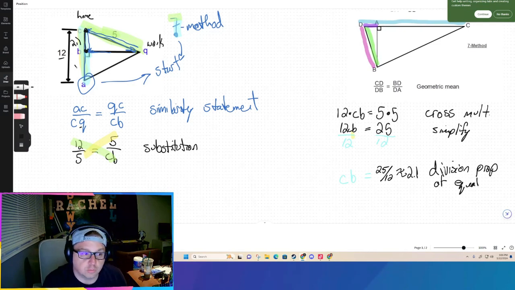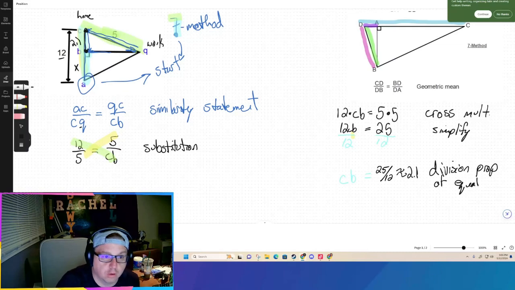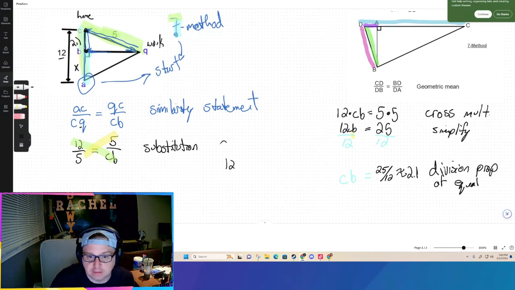So if the question was asking you what is the distance from A to B, you actually can't answer that straightforward. You have to figure out what C to B is first. And because we know 12 is the distance from A to C, we would do the segment addition postulate. So we want to do a piece plus a piece equals the whole thing.